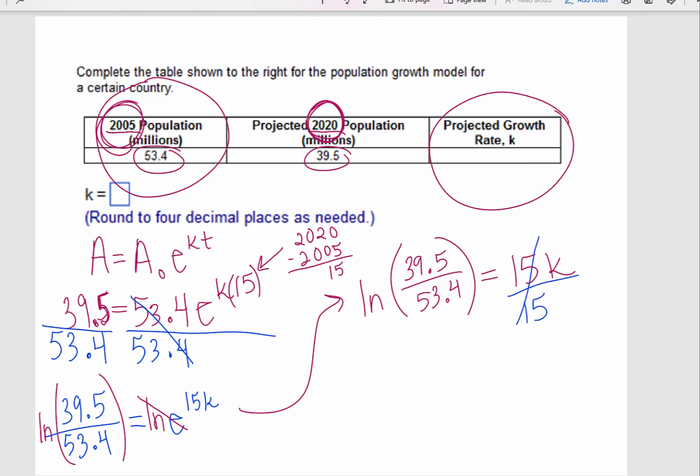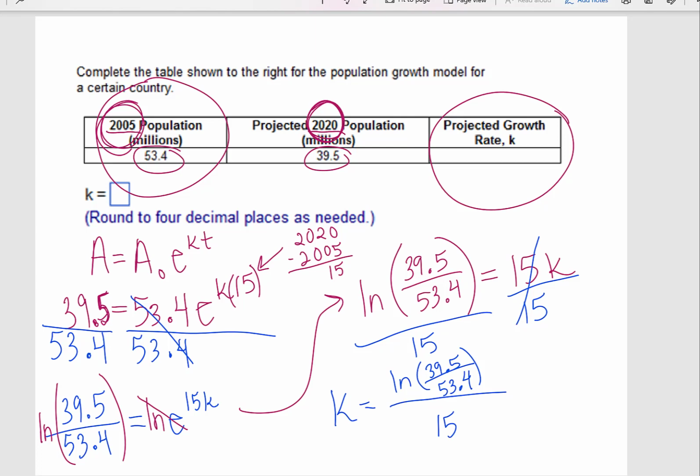Then divide by 15, divide this entire side by 15, and I get k equals the natural log of 39.5 over 53.4, all of that divided by 15.